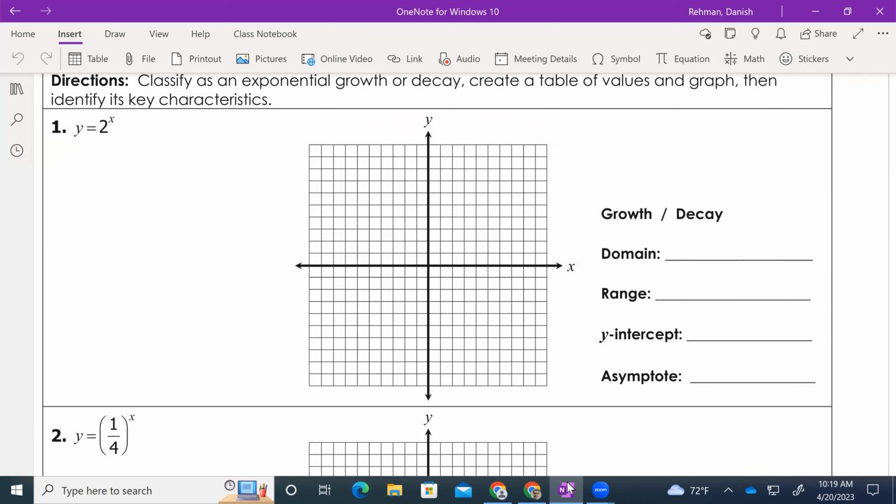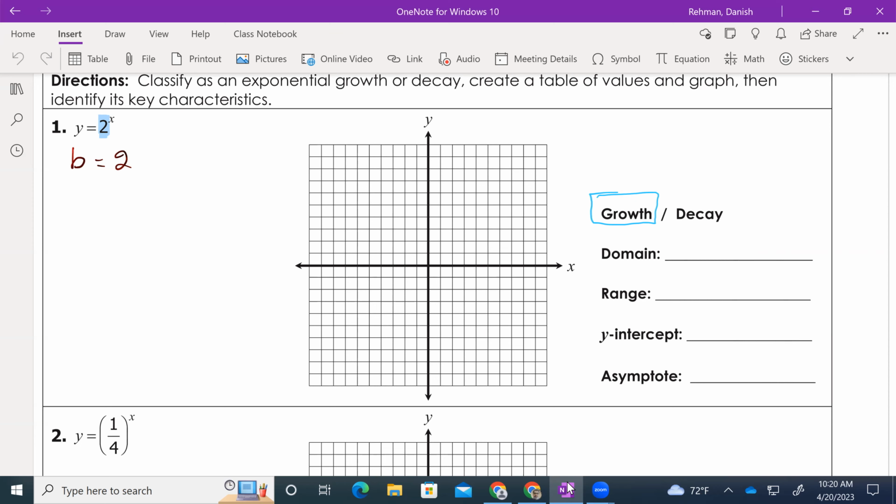So looking at this, what do you see? What's the b? Greater than 1 or less than 1? Greater than 1 because it's 2. Based on this, what can we determine? Is it a growth or a decay? It will be a growth because b is greater than 1. Simple. Whenever b is greater than 1, it's a growth.